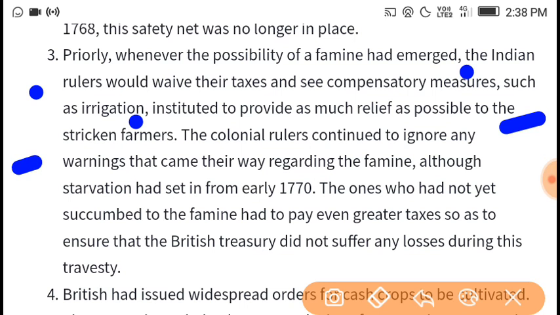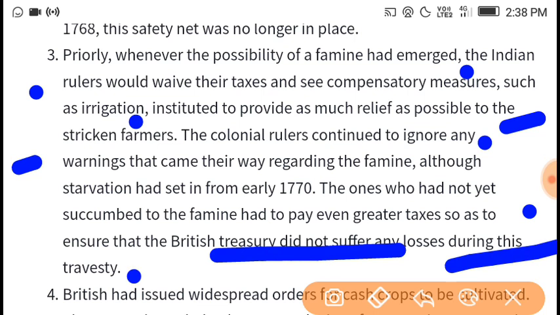The colonial rulers continued to ignore any warning that came their way regarding the famine, although starvation had set in from early 1770. Those who had not yet succumbed to the famine had to pay even greater taxes so as to ensure the British treasury did not suffer any losses during the travesty.